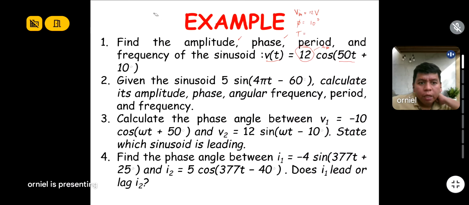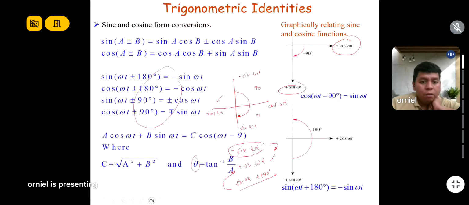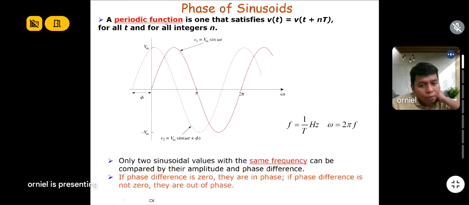Frequency equals 1 over T. But there is no given frequency here. But we have another formula for the period from earlier, using the angular frequency. Okay, let me go back to that formula for the period.